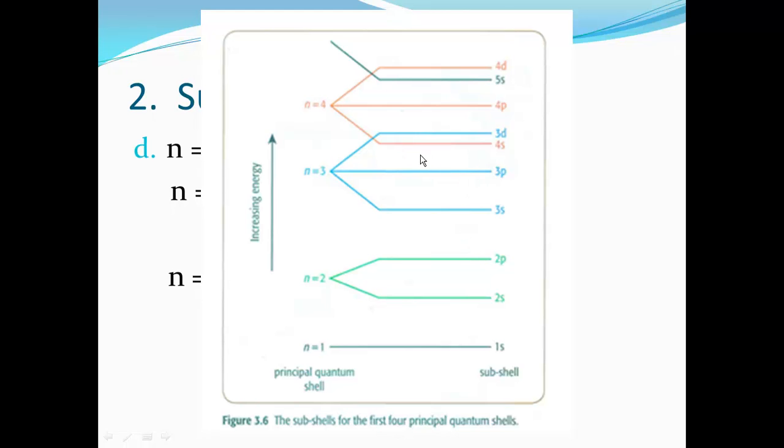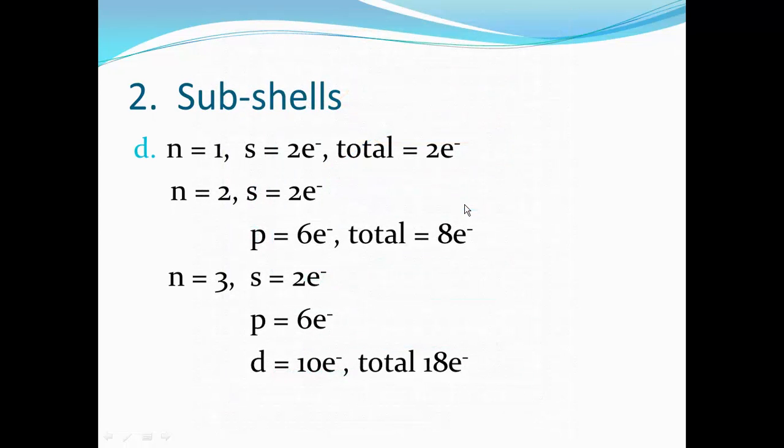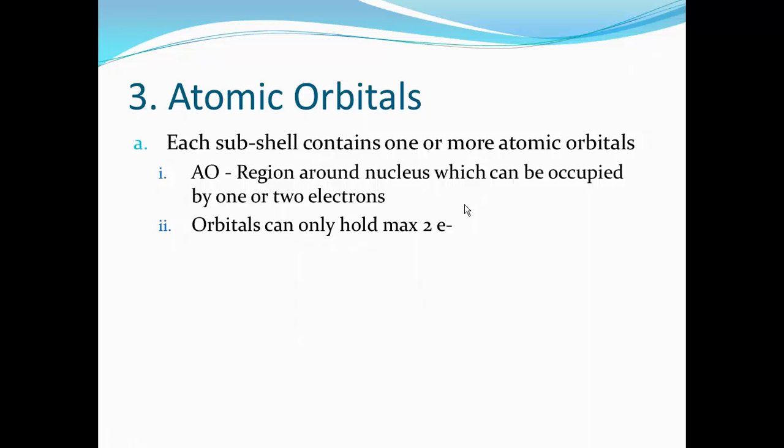So you can see here 1s, 2s, 2p, 3s, 3p. Notice 4s is underneath 3d, and that's because of the potassium row. Then you get to 3d, and that's where you get to the transition metals.